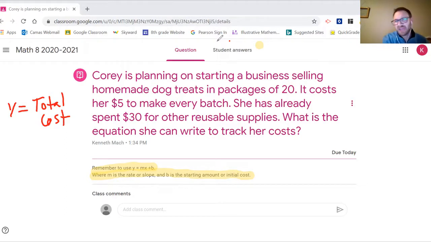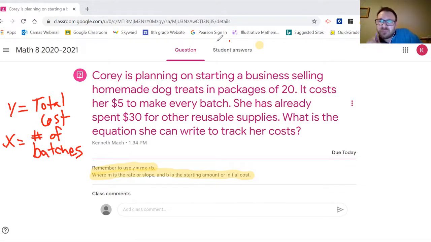I don't know how many batches she's making, right? So x is actually going to be my number of batches. The number of batches of dog treats, and then how much money does it cost per batch?